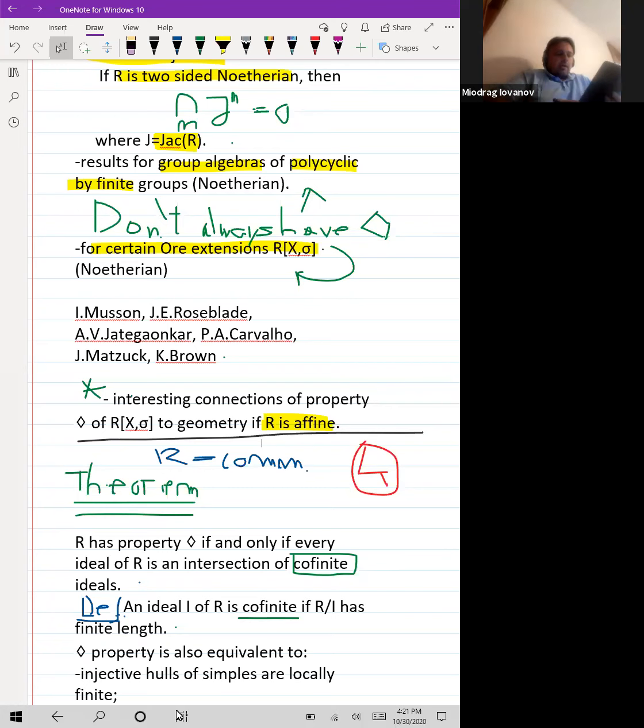My motivation was to understand some of these connections to the Jacobson conjecture, but also other properties in the non-commutative world, especially questions like what types of algebras have all simple modules being finite dimensional. One such class of rings is the so-called polynomial identity rings, which do have this property.